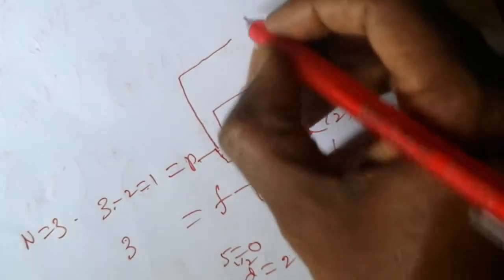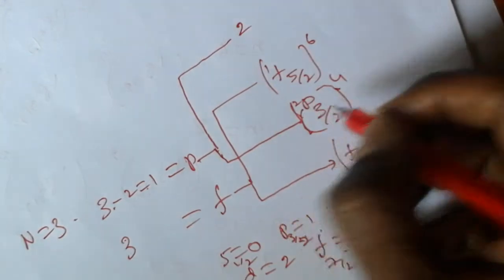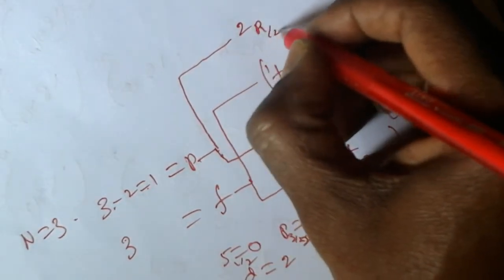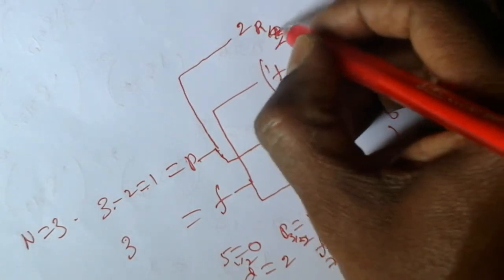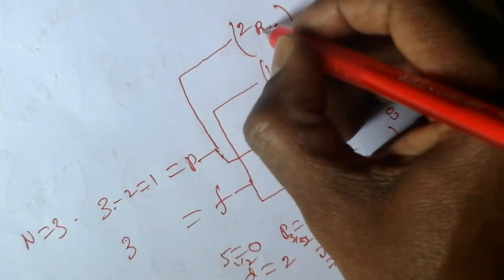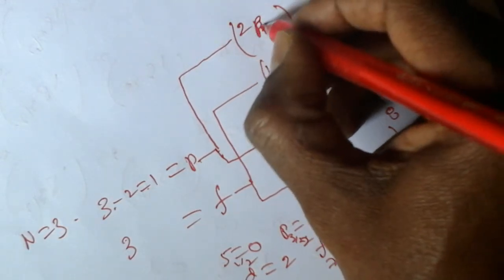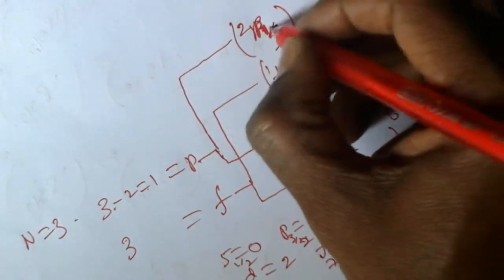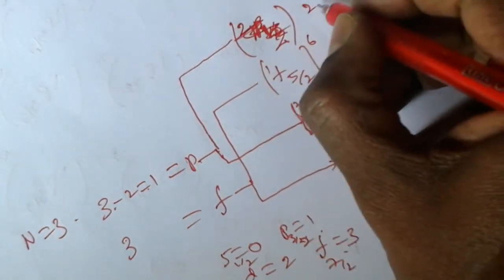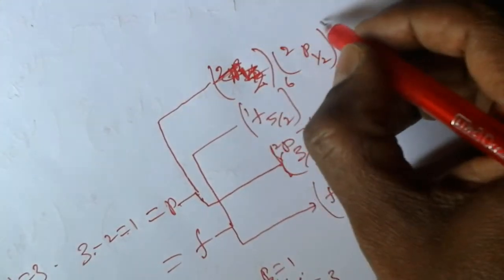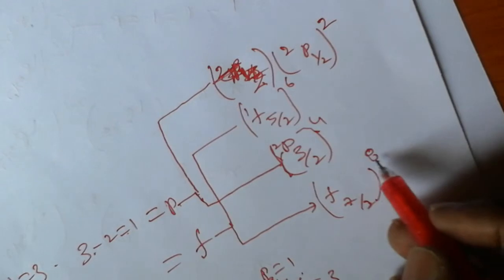Second time again we are getting 2p, 3 by 2 minus 1, 1 by 2, so 2p 1 by 2 whole power of 2.